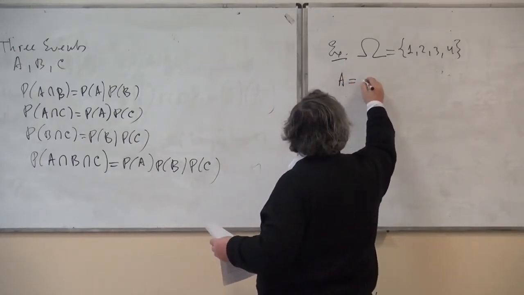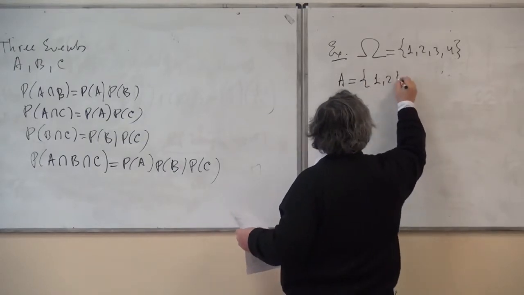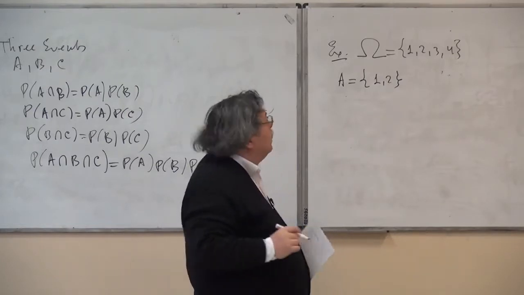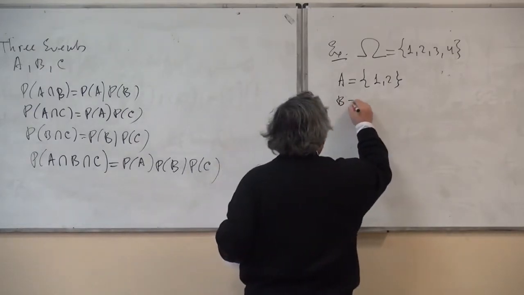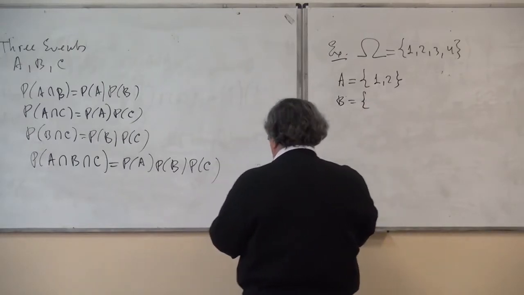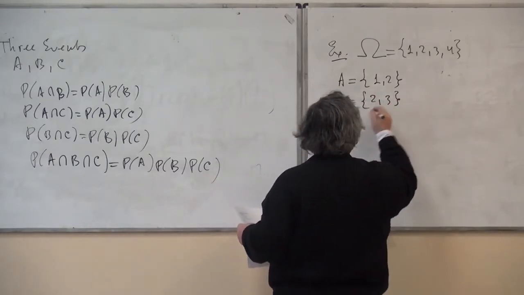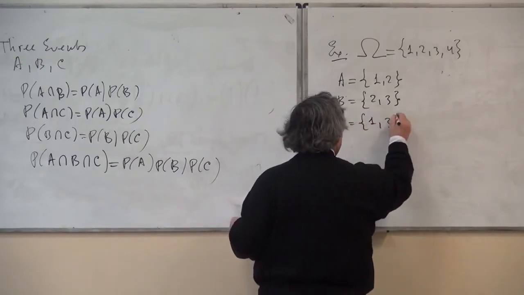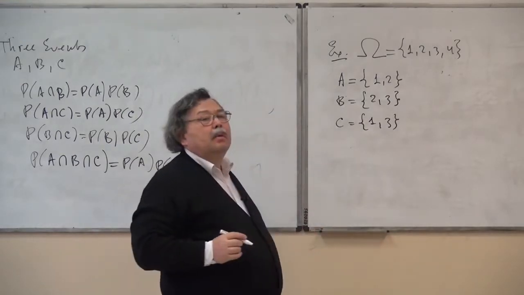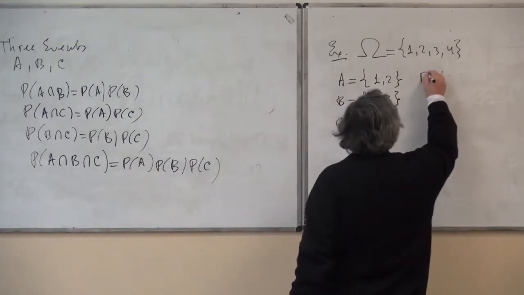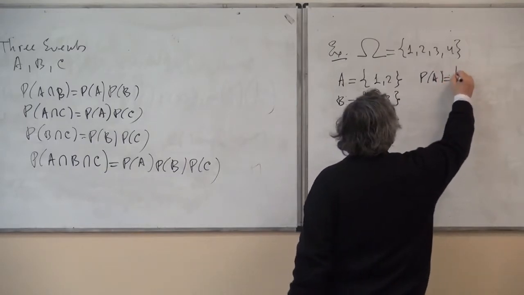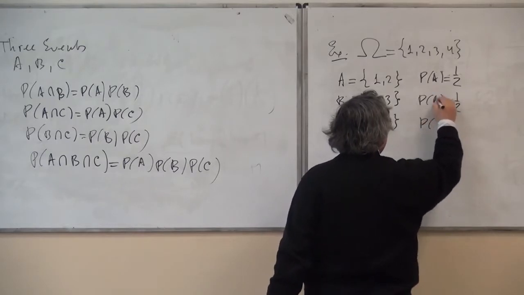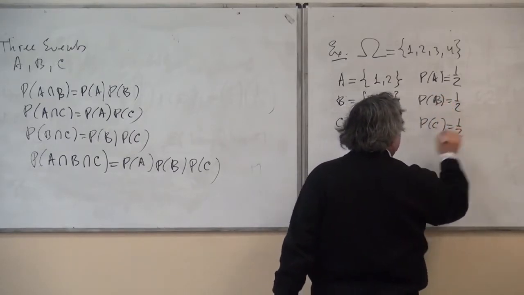Let's define event A that the number chosen is 1 or 2, and B is defined to be the event that it's 2 or 3, and C is the event that it's 1 or 3. What are the probabilities? Probability of A equals 1/2, and this is also 1/2, and this is also 1/2.